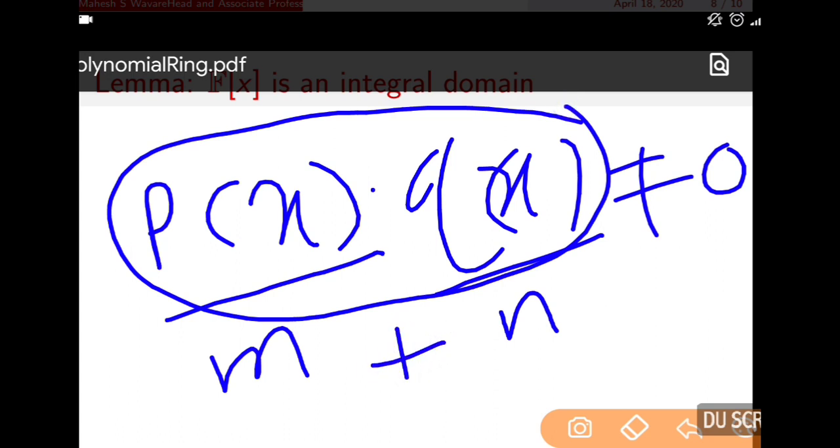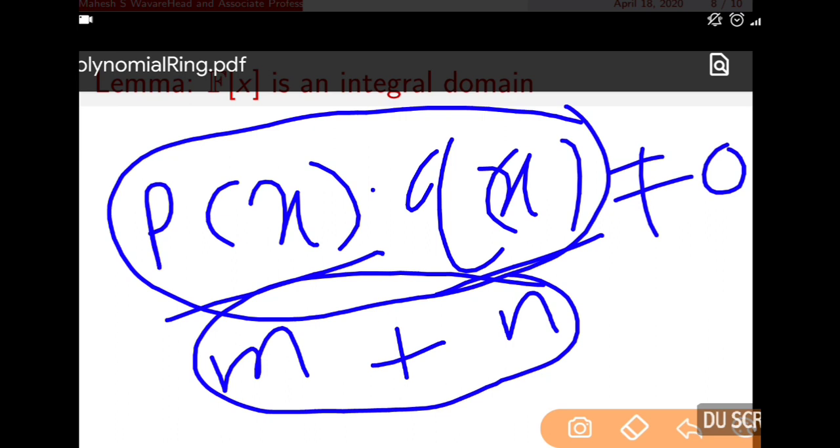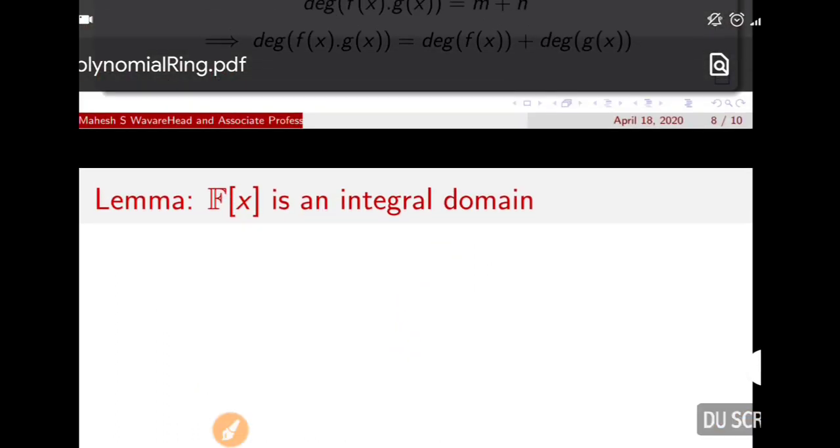This m is 0 or greater than 0, this n is also 0 or greater than 0, so the sum is 0 or greater than 0, meaning we get a constant term or greater. So the degree of p(x) q(x) will be m plus n, and since p(x) is non-zero and q(x) is non-zero, this product has to be non-zero. In this way, F[x] is an integral domain.